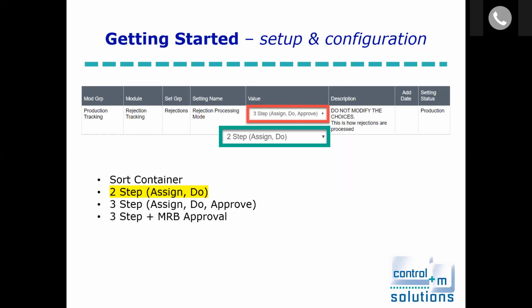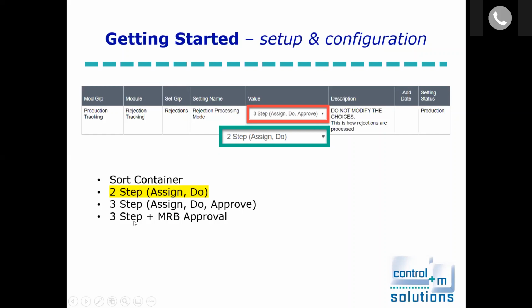But some of the available options here are sort container, which simply means no rework jobs, no 2-step approval. When we create a rejection, it just simply goes to the sort container action where we remove the good from the bad, or the bad from the good, and process that way.